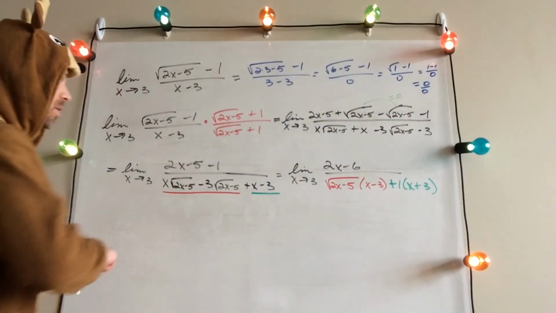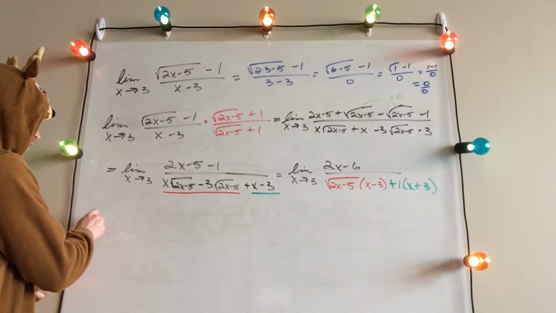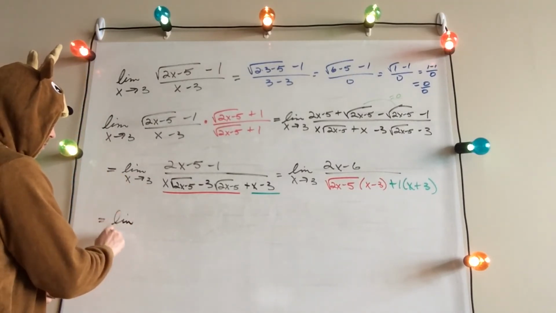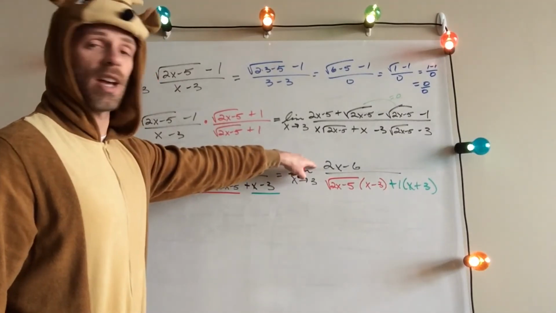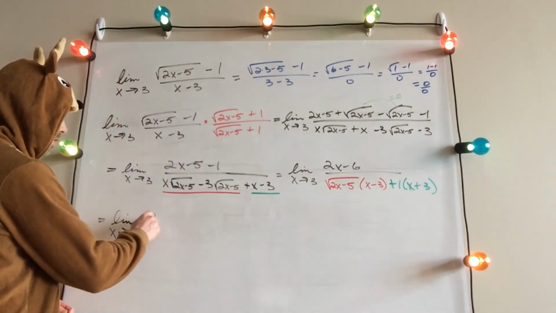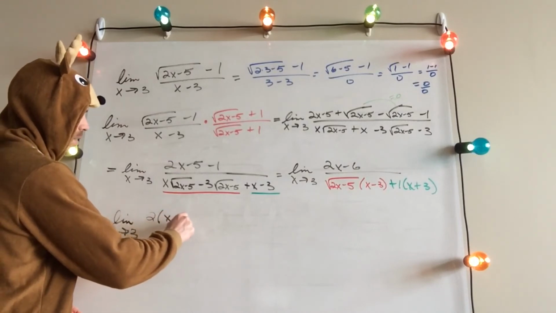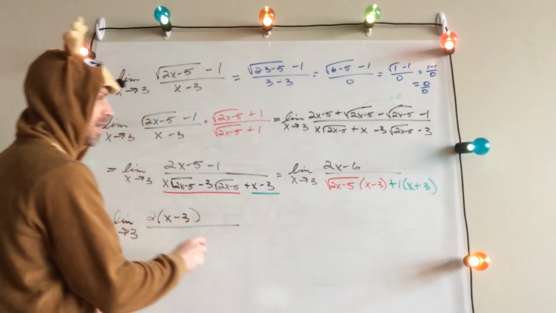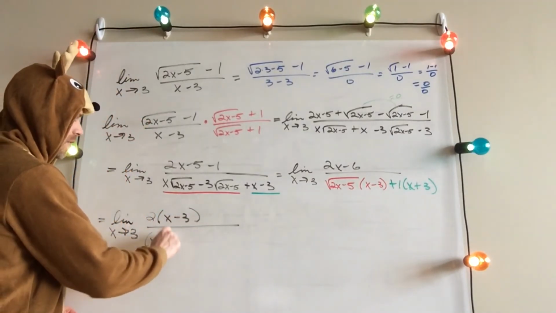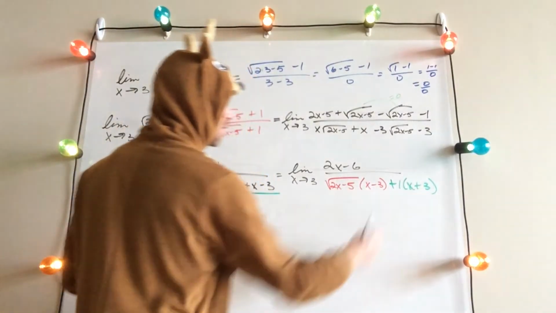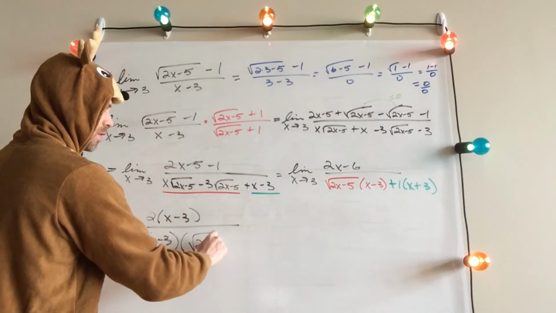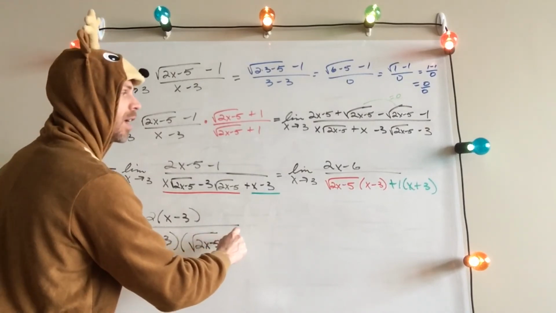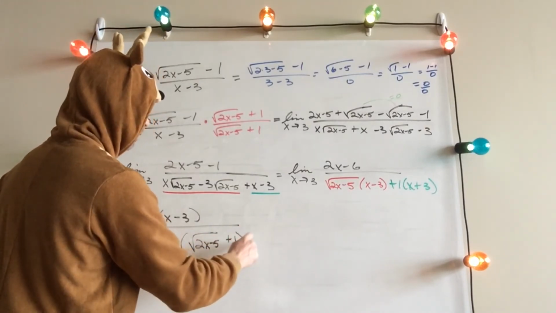Okay, so in our next step, this numerator, there's a GCF of 2. And then the x minus 3 that was here and here jumps all the way to the front, leaving us with a square root of 2x minus 5 and a plus 1.